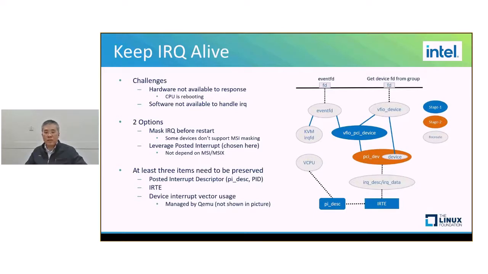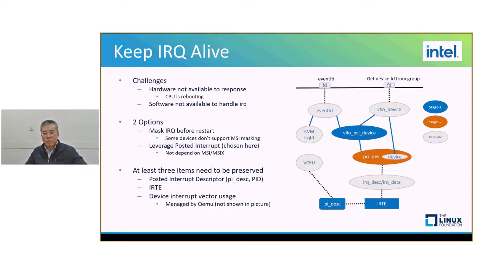Meanwhile, the KVM side will allocate posted interrupt descriptor, PID, for the vCPU. It will be connected to the specific device interrupt vector via the IRTE. So here we basically have three things to preserve: PID, IRTE, and the device interrupt vector index. The device interrupt vector index is not shown in this picture. It is saved in the Qemu snapshot.